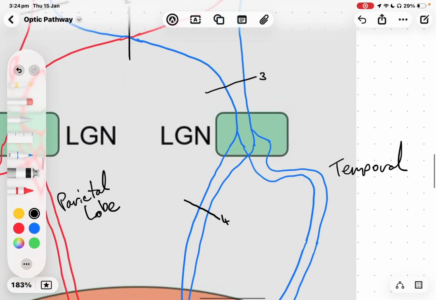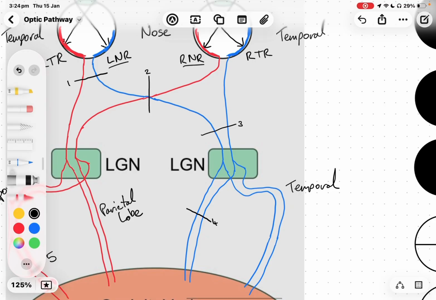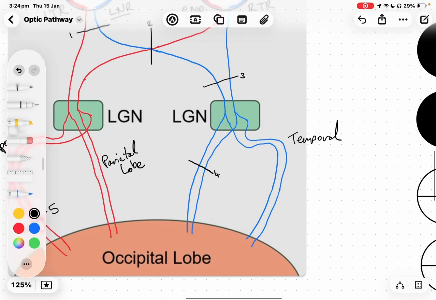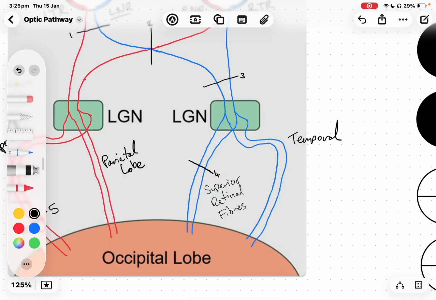We go to number 4. Remember, these are specifically the superior retinal fibers. As these are the superior retinal fibers, we're going to be looking at the inferior visual field.